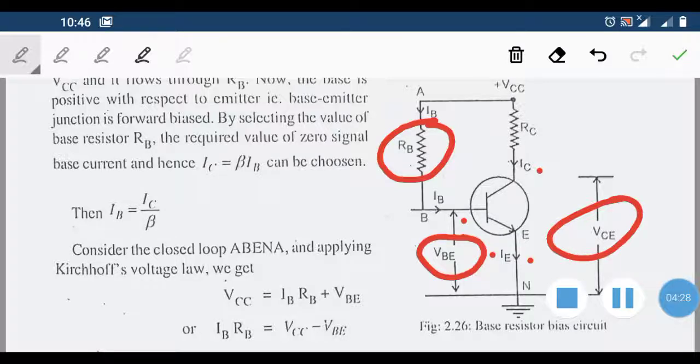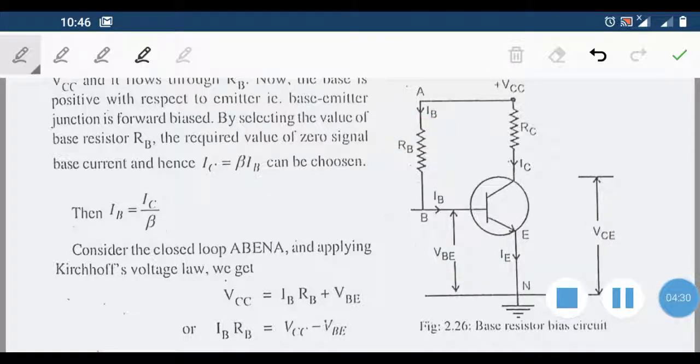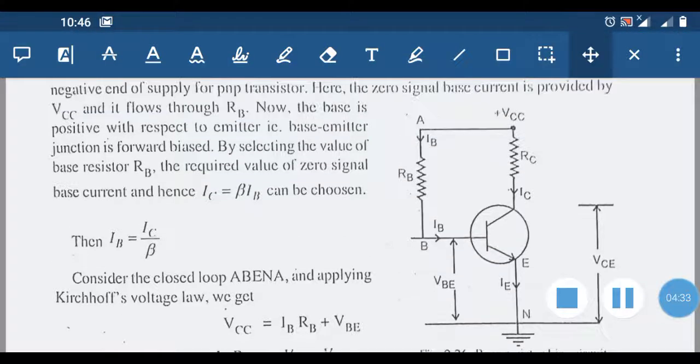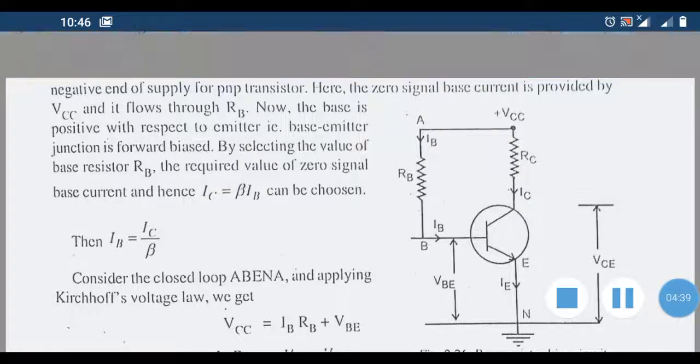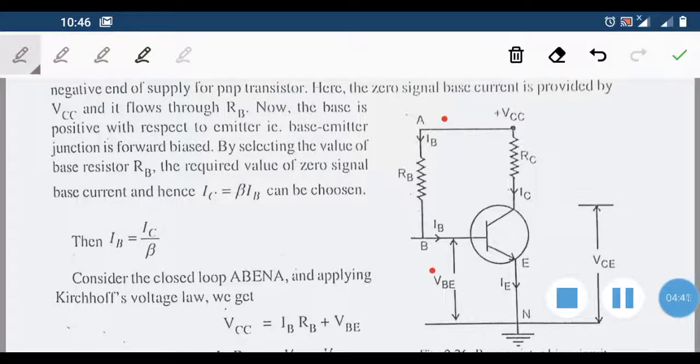Now we can see the equations connecting them. Then you can mark the points here as A, B, N, E, etc., in order to consider certain loops in this circuit.